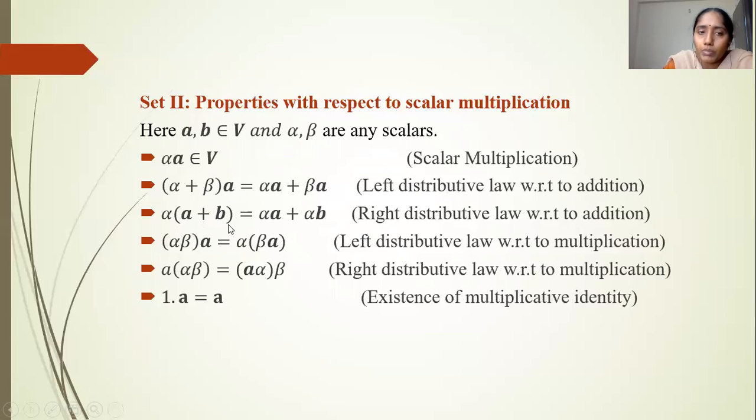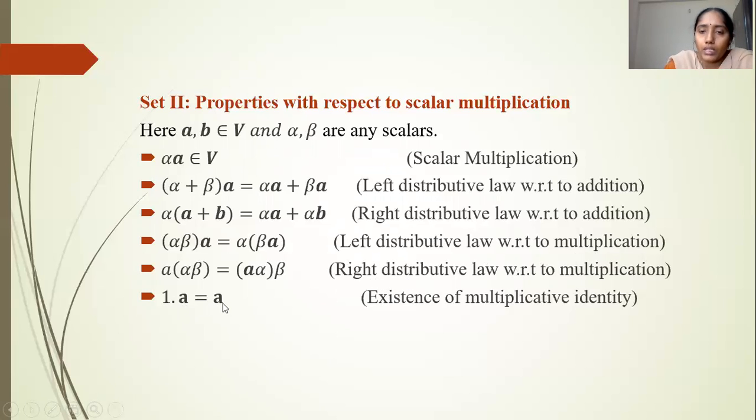Alpha into A plus B is equal to alpha A plus alpha B, which is called the right distributive law with respect to addition. Alpha into beta into A is equal to alpha times beta A, which is the left distributive law with respect to multiplication. Similarly, right distributive with respect to multiplication.